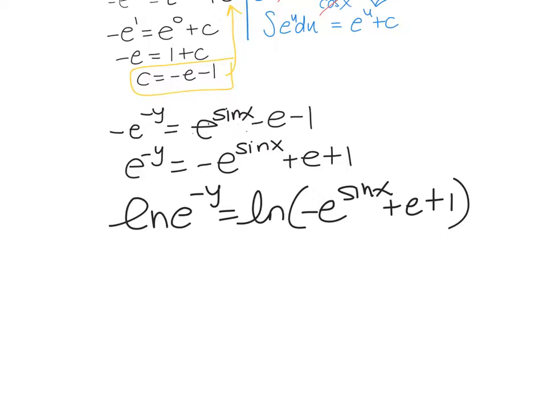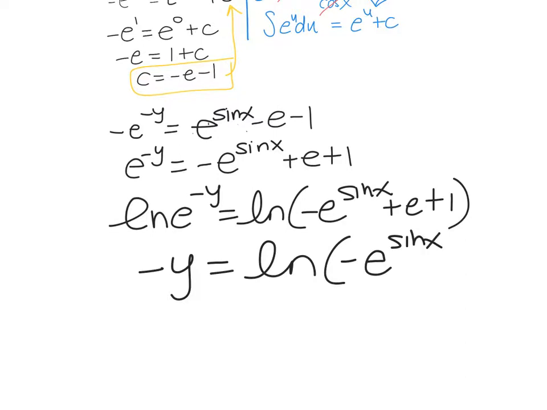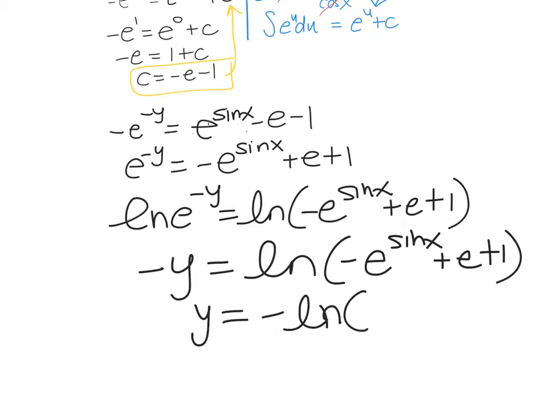And we all know ln e is 1. And then finally, you're going to just divide everybody by negative 1, so just put the negative in front of the ln on the other side. So y would equal negative natural log of negative e to the sine x plus e plus 1.